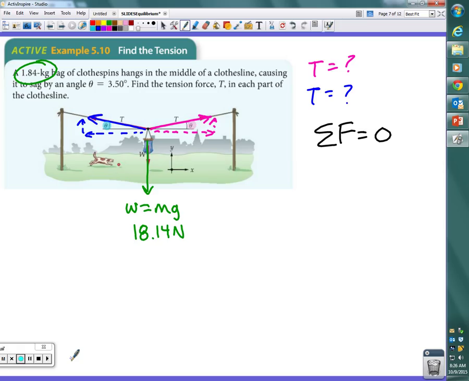Here's the deal with doing equilibrium in 2 dimensions. Net force overall has to be 0. So we could do some vector addition and all kinds of craziness, but it's a little bit easier if we break it up into components, because if we have equilibrium overall, we have to have equilibrium on the x-axis, and we have to have equilibrium on the y-axis.